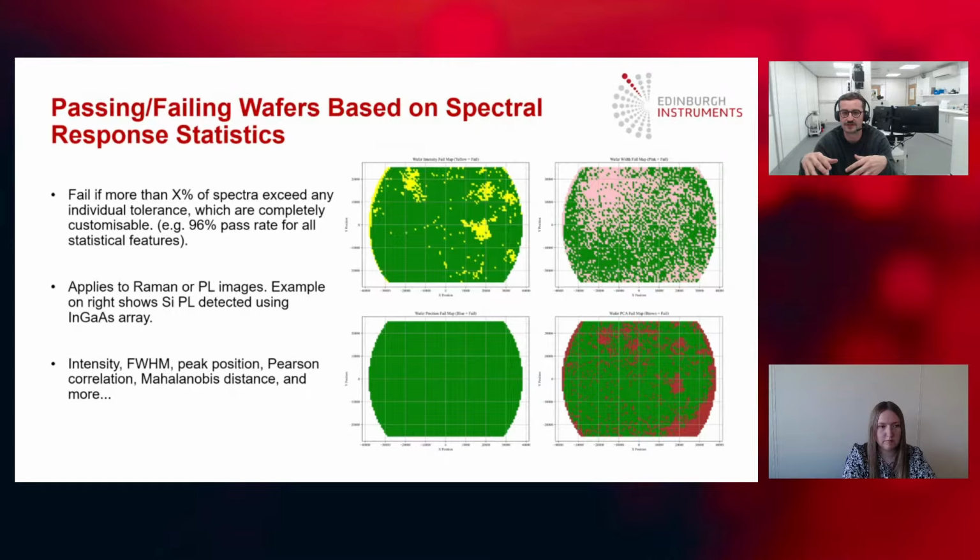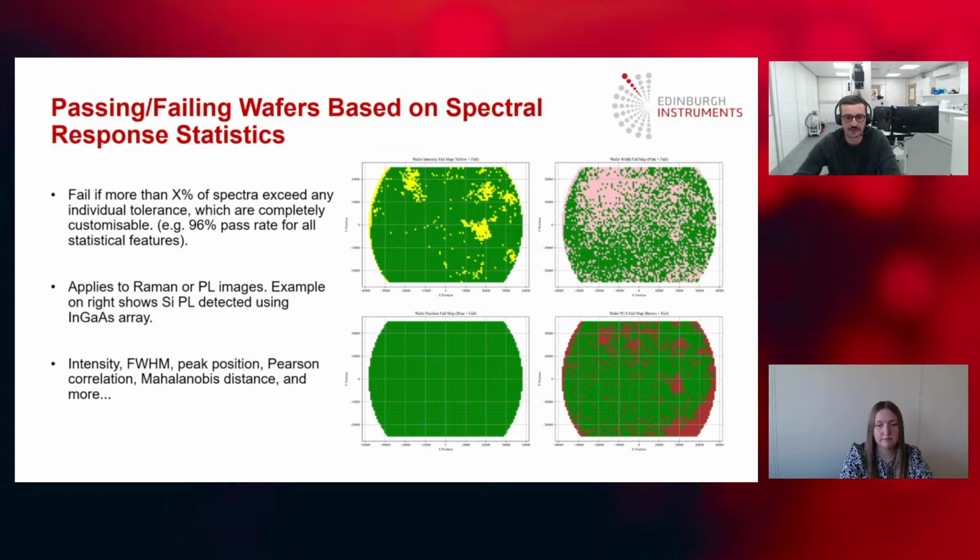The software would then check every spectrum across the wafer against those thresholds. If more than a set percentage of the spectra, so that's essentially the area on the wafer, falls outside of the tolerance, the wafer would then fail. If they're within tolerance, then the wafer would pass. These tolerances and thresholds are completely customizable. You can set them to your own process requirements.